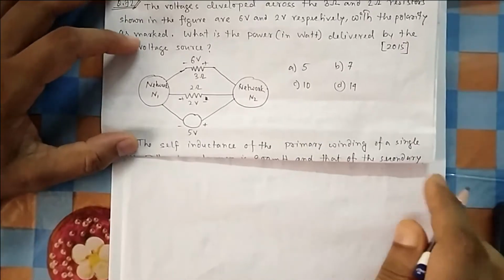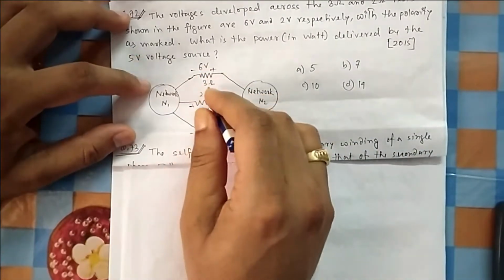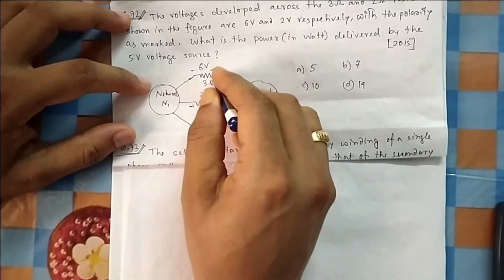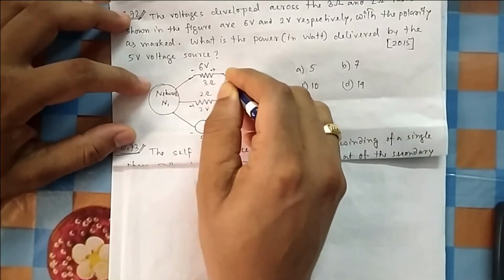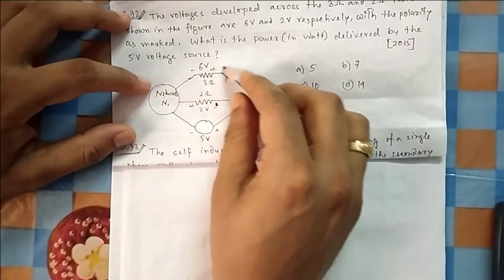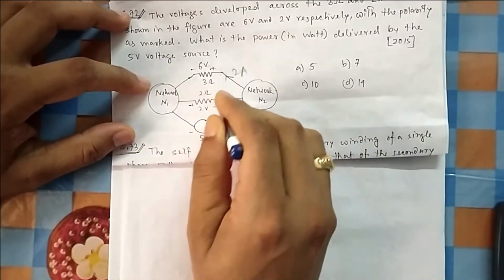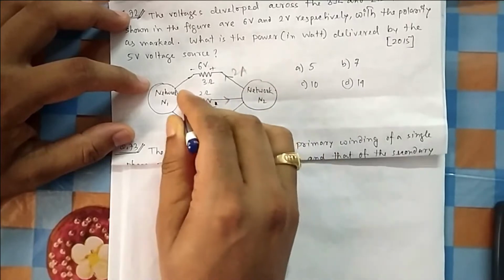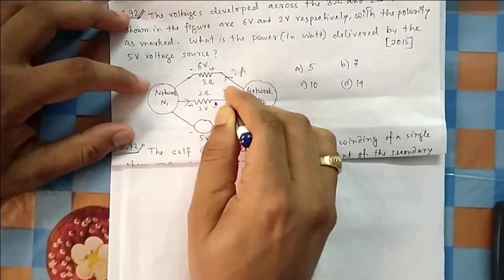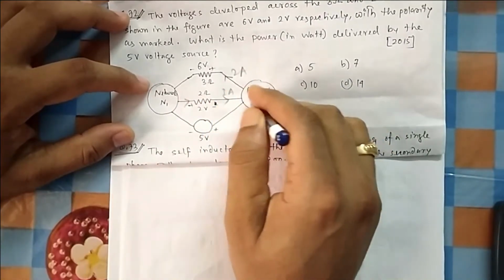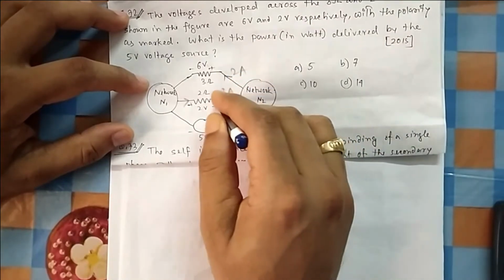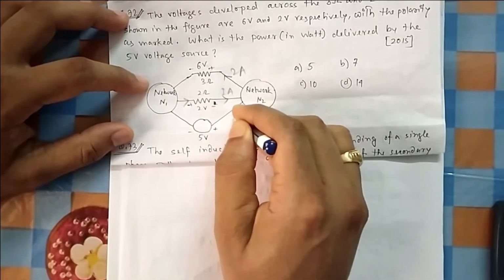Okay, so here you can see what will be the current here, because it is 3 ohm, 6 volt, and for resistance current we always think in this direction, entering through the positive terminal. So 6 by 3 is 2 ampere, 2 by 2 is 1 ampere, and it is in this direction because here it is positive, 1 ampere. Now think of this as a node: 2 is coming out, 1 is entering, so what should be this current?